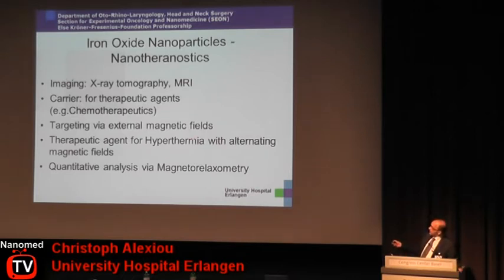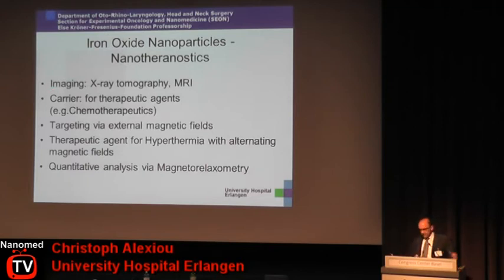With this external magnetic field, we also heard yesterday from Dr. Jordan about his encouraging data concerning human trials. So we can use these particles, besides as a carrier, also specifically for hyperthermic purposes. And I would like to introduce another possibility. We have heard a lot about the biodistribution of chemotherapeutic agents and particles. We can use these nanoparticles also for quantitative analysis.